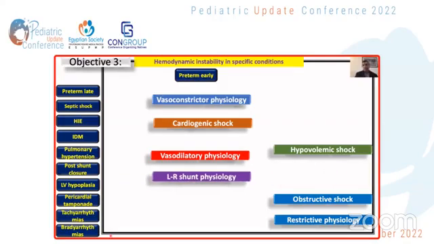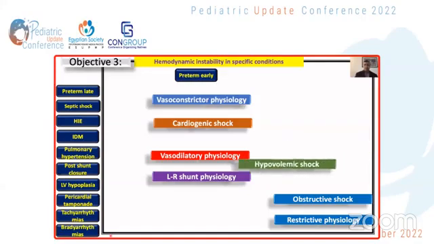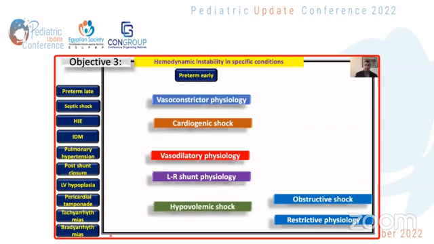Left-right shunt physiology: although PDA is usually presented clinically later, beyond the third day of life, the PDA might be significant and might present during early postnatal transition. Hypovolemia, although it is not the most common type of shock in premature infants, unless you have an underlying cause of volume losses.